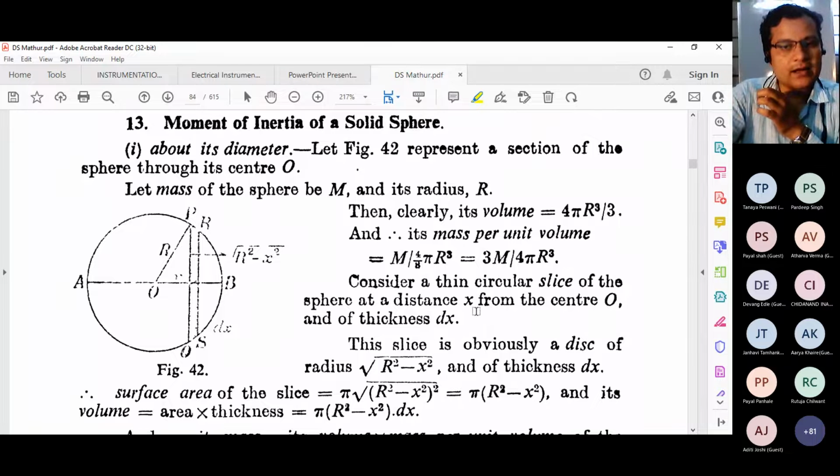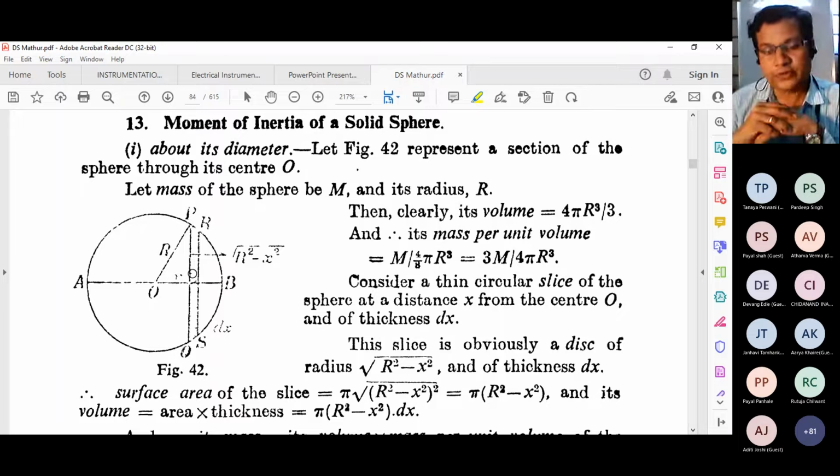And again, we need to consider the thin circular slice of a certain radius, which is placed at a distance x over there and has a thickness dx. So again, we need to consider a slice. Obviously, it is like a disc, and all those discs we need to integrate over the whole portion to give the complete geometrical shape, the solid sphere we need over here.